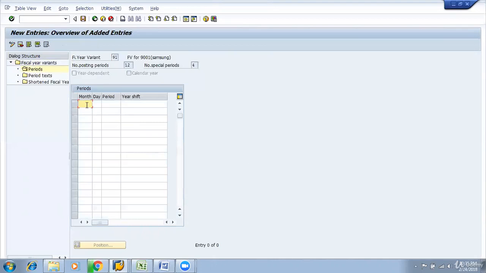So, month, April. It accepts only numbers, not alphabets. 4 stands for April, 5 stands for May, and so on. How many days in a month? In April, I know there are 30 days. In May, there are 31 days.